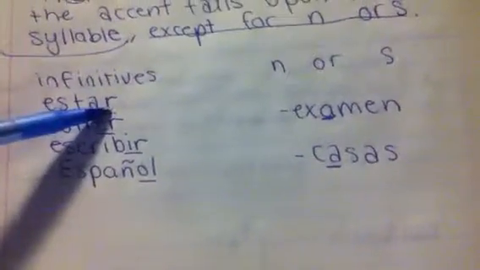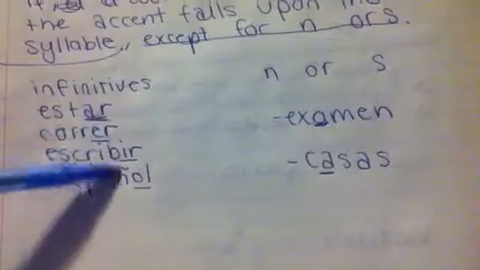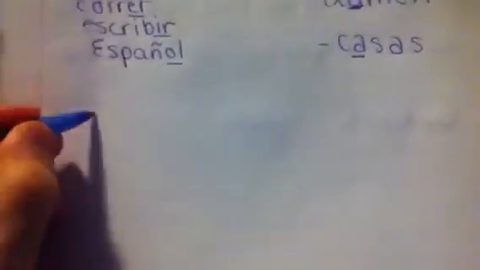So, alright, what would you do if the accent was on the penultimate syllable and the word ended in a consonant? Let's take the word árbol.